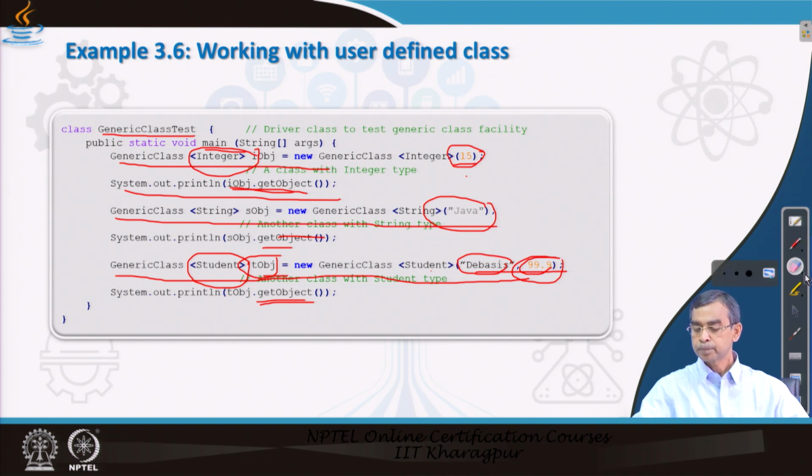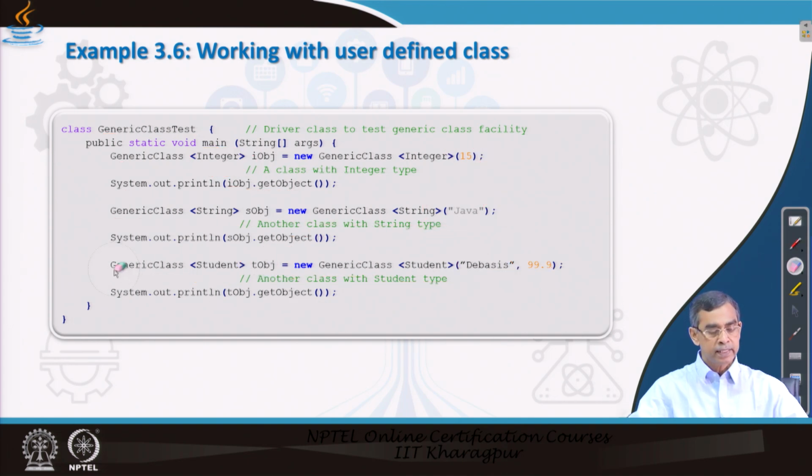So, this is the example which explains that it works for an integer object, it works for a string object, it works for a user defined data type and then processes it.